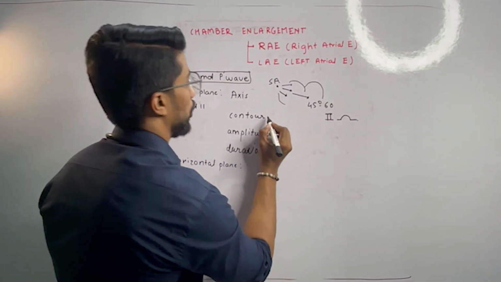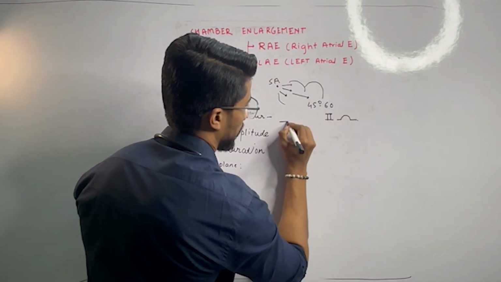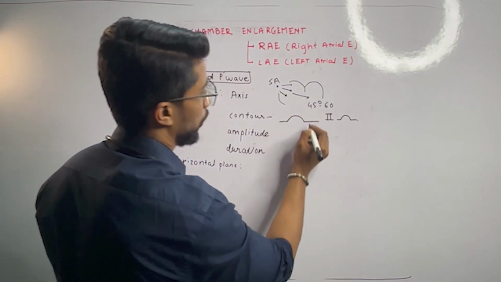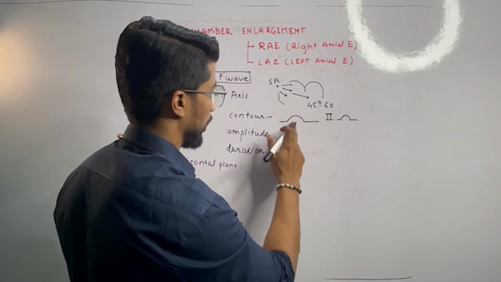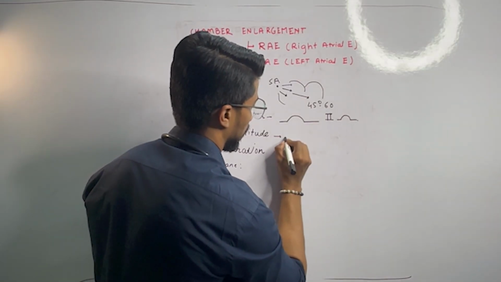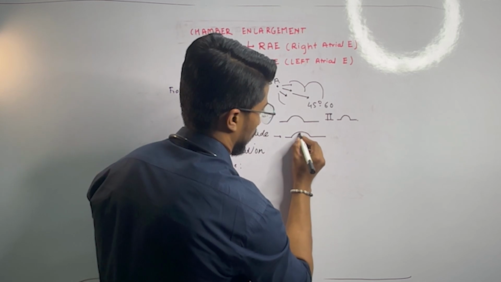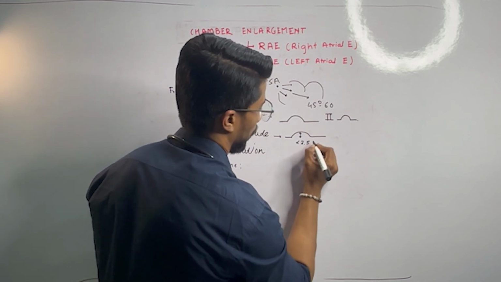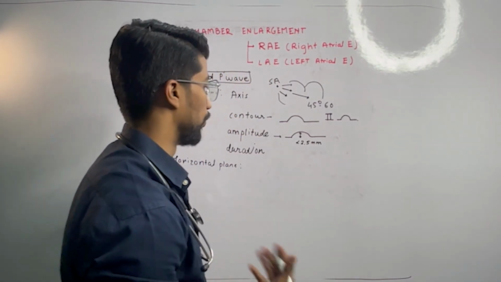Now next is the contour. As I've drawn here, the contour of the P wave is going to be very smooth, like a mini tomb. Coming to the amplitude, this is the amplitude, and it's going to be less than 2.5 millimeters, or you can say millivolt as well.